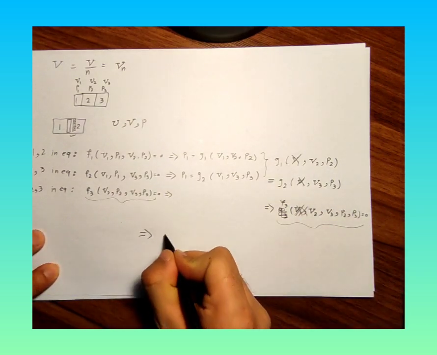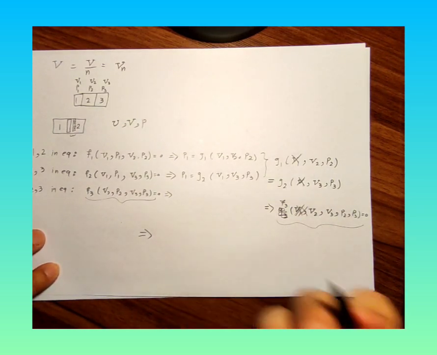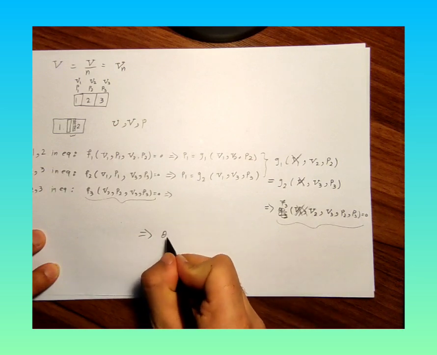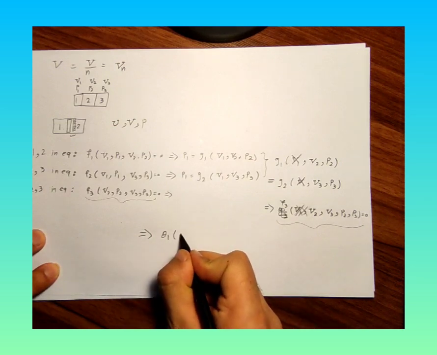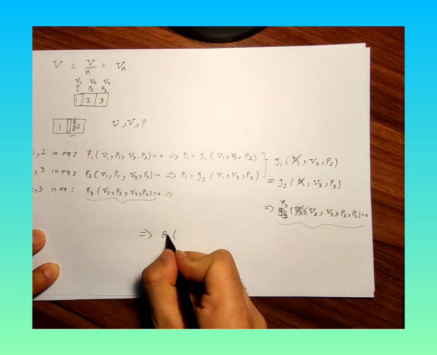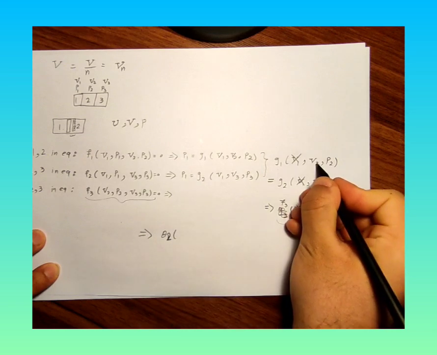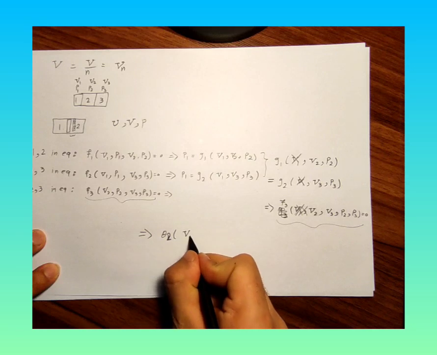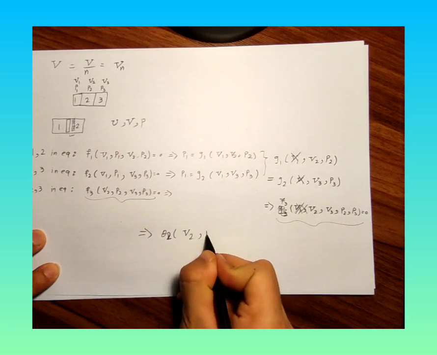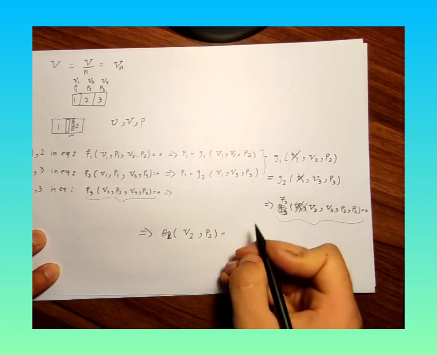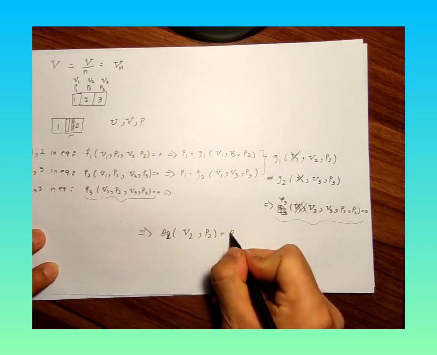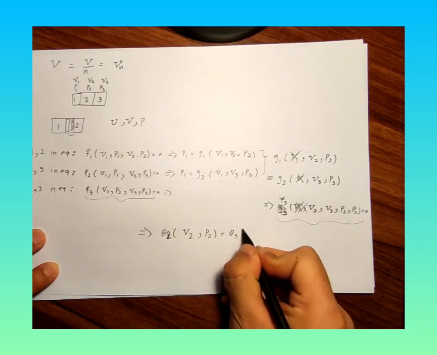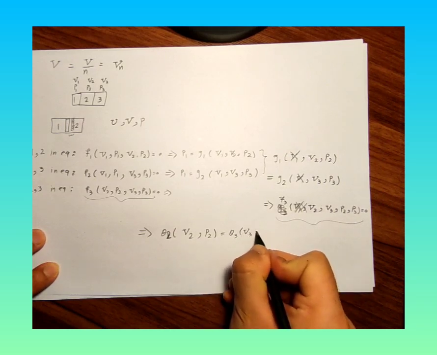And so we have a function, I name it theta, let me put it 2 because these are 2, theta 2 of V2 and P2 is equal to theta 3 of V3, P3.